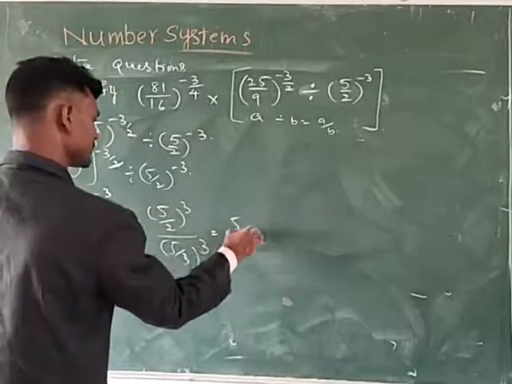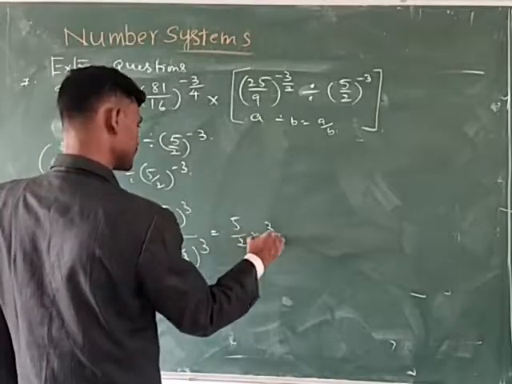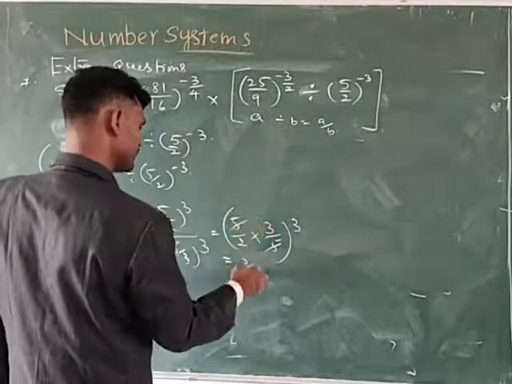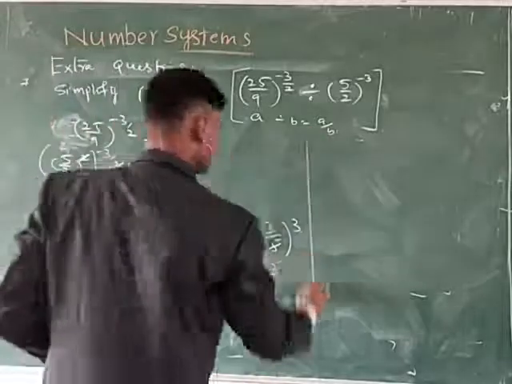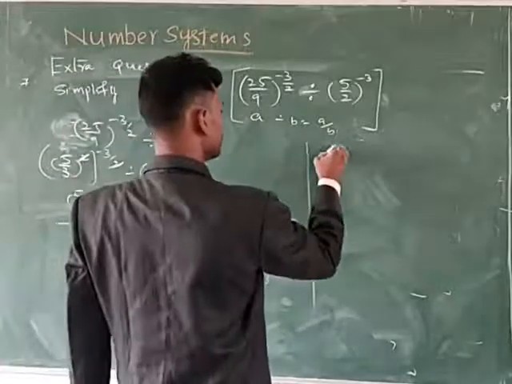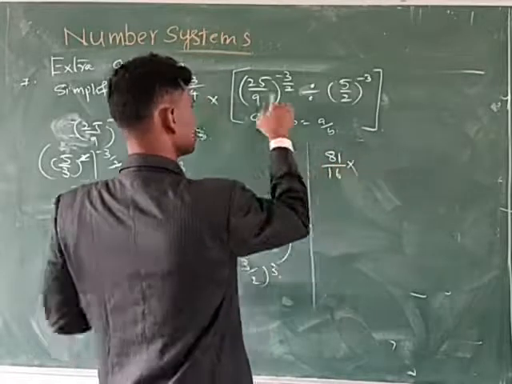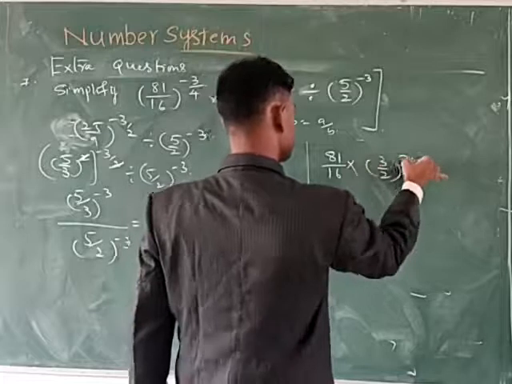Now this is written as 5 by 2 times the reciprocal 3 by 5 whole power 3. 5 cancels, then 3 by 2 whole power 3. Next we have to take this total: 81 by 16 into this total, instead you can write 3 by 2 whole power 3.